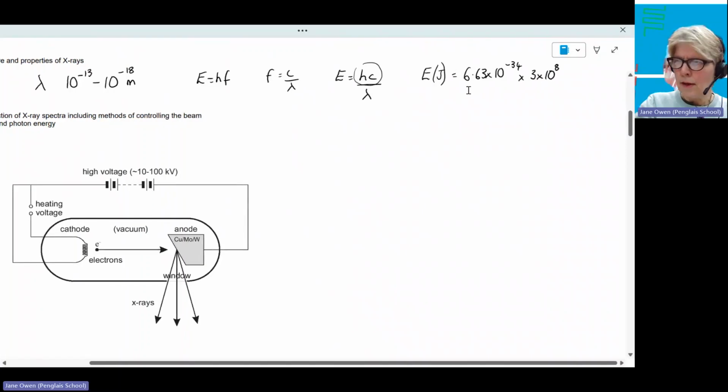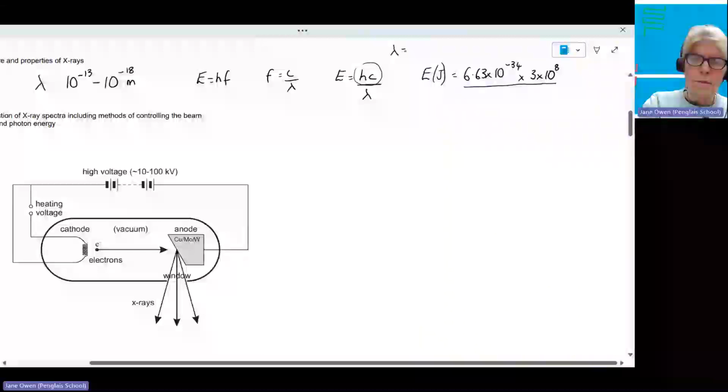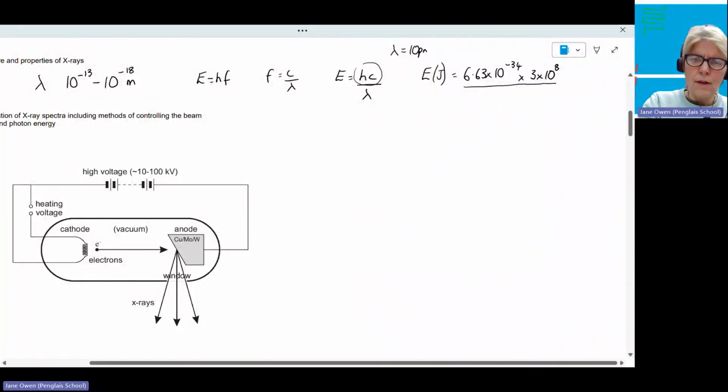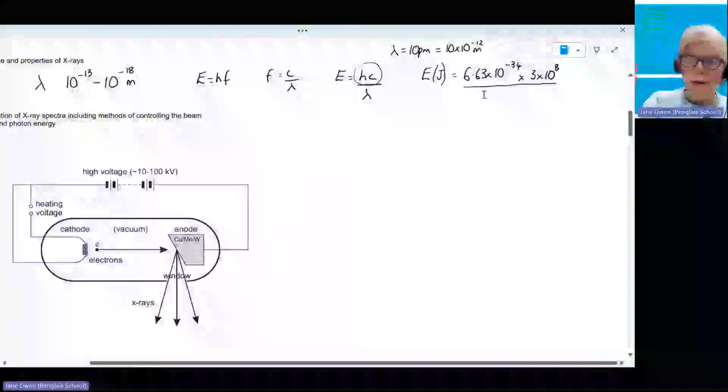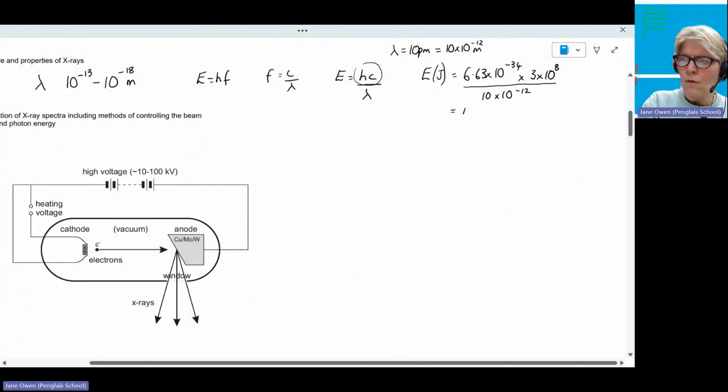And then divide it by, say, 10 picometers. So I'll do it for a wavelength of 10 picometers, so that's 10 times 10 to the minus 12 meters. And we get the energy of 1.99 times 10 to the minus 14 joules.